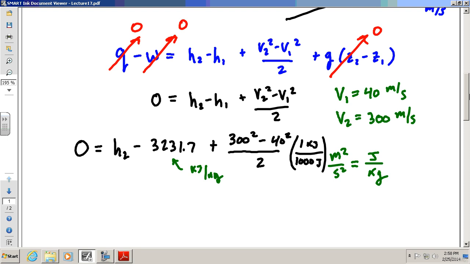So you do that, you work it around. And I believe that when you work this out, you get H2 as 3187.5 kilojoules per kilogram.